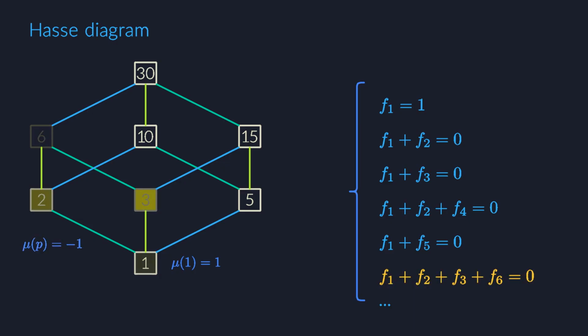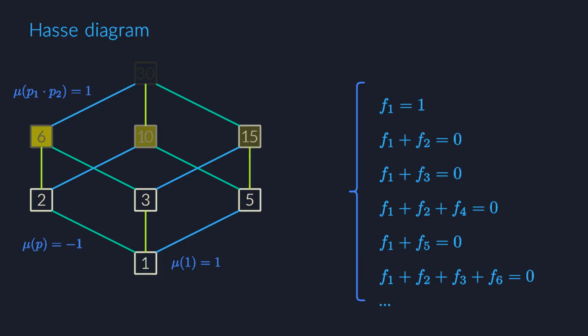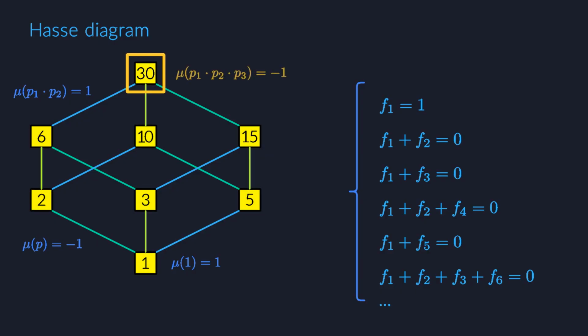At the next level up, we already have 4 divisors to take into account. One of them adds 1 to the total, but the other two each decrease the total by 1 again. So, in order to get the total sum to 0, we have to give the new number a mu value of +1. This happens for all numbers in this layer of the diagram. 30 itself has 3 prime factors, and some simple counting will tell you that it needs to decrease the total by 1.